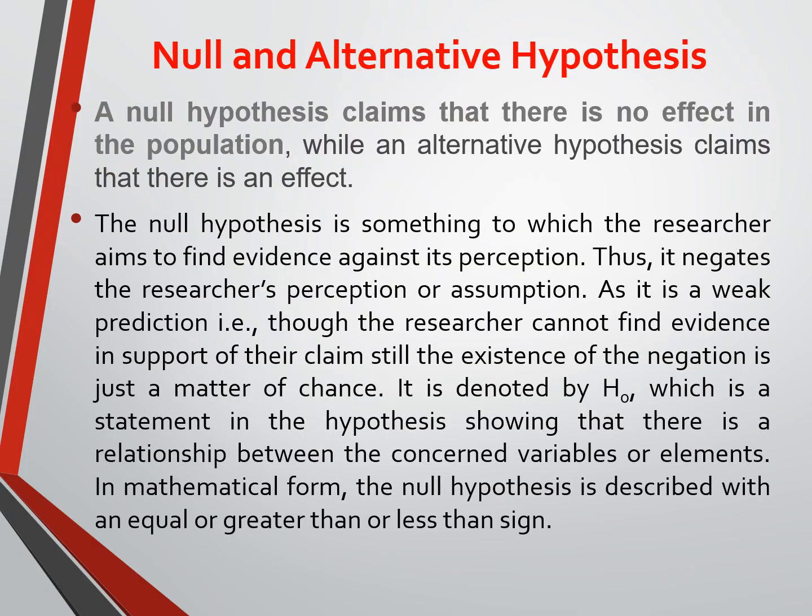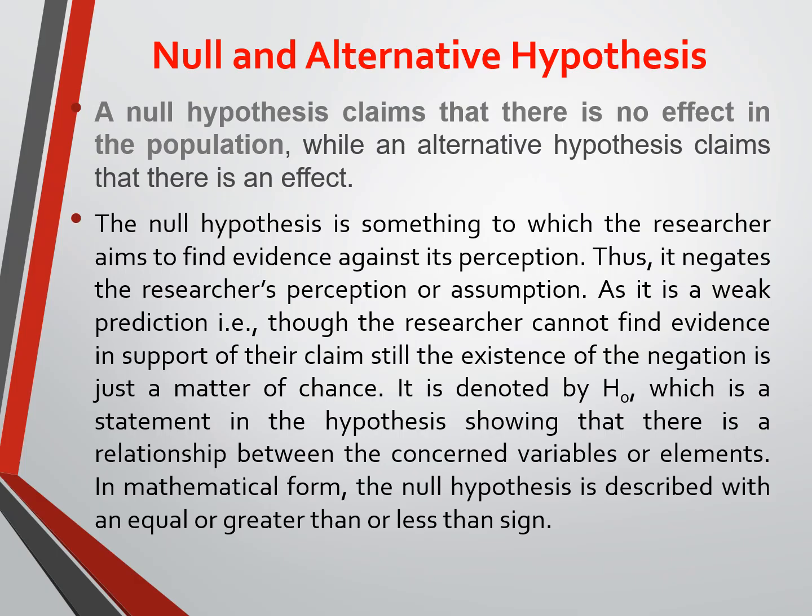A null hypothesis claims that there is no effect in the population, while an alternative hypothesis says that there is an effect. Like, I'm just taking a little bit from the pharmaceutical side. By taking a particular medicine, the temperature of the individual is or is not going to come under control.